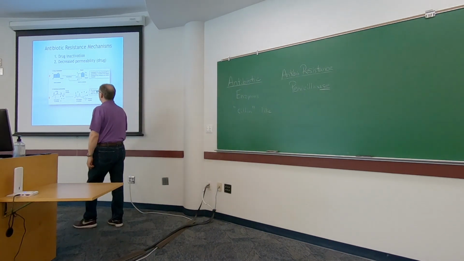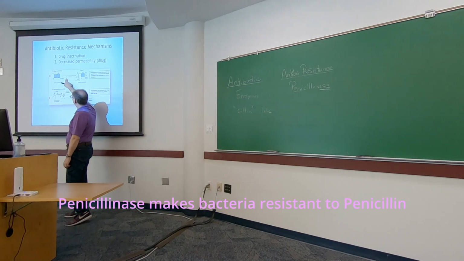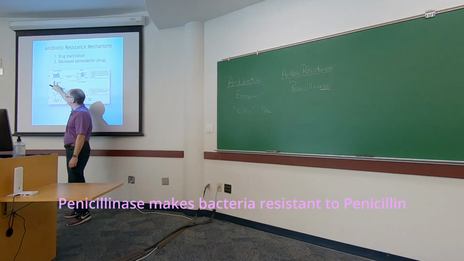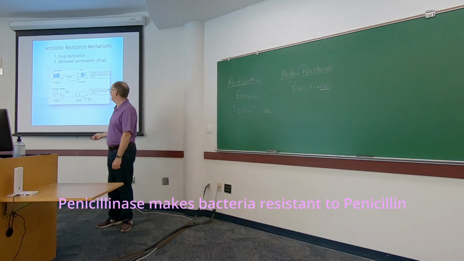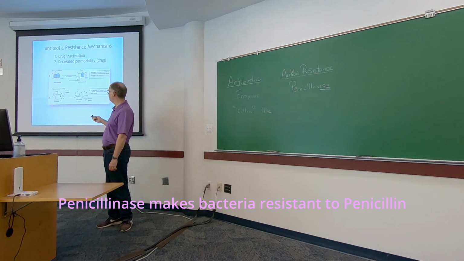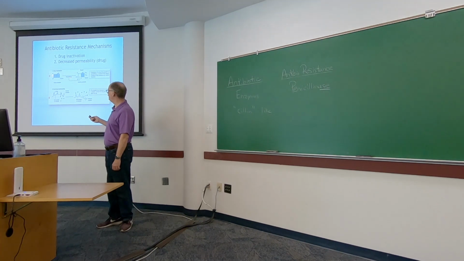All right, and that is this part right there, the beta-lactam ring again. It's just showing you part of the penicillin molecule here. There's more to it, but the penicillinase breaks this bond.